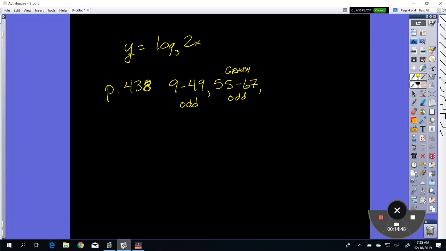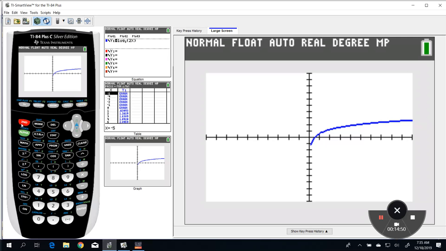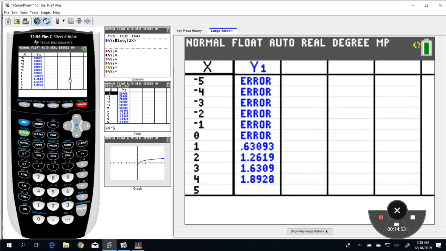Like if you go to your calculator and hit second graph, it brings up the table and says all these are errors. That's because you can't have negative numbers in the answer spot. And so that's why those don't work. And so really there's an asymptote at x equals 0.